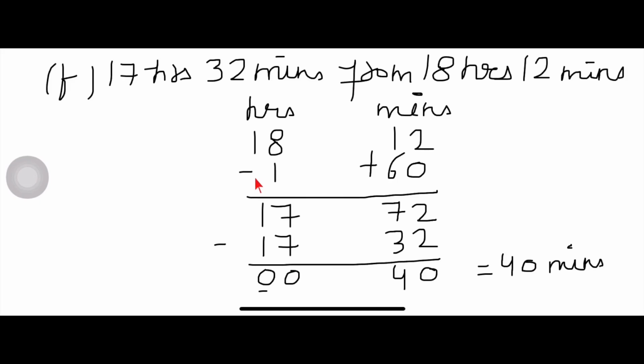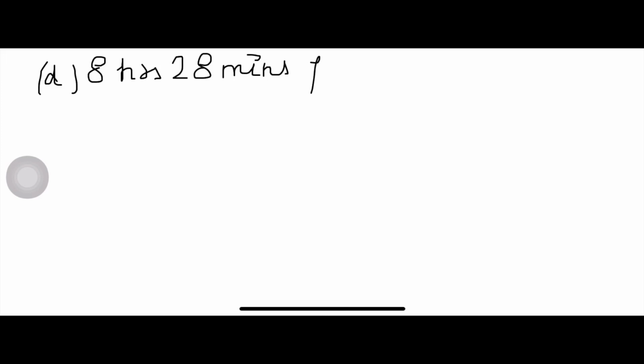Now after F part, here I am doing D part, 8 hours, 28 minutes. I am doing D part so that it is more clear to you. It is similar to F part.